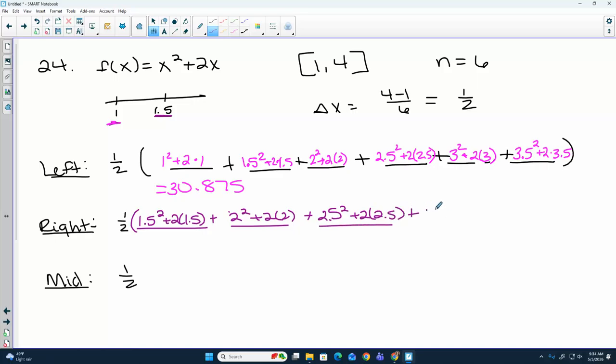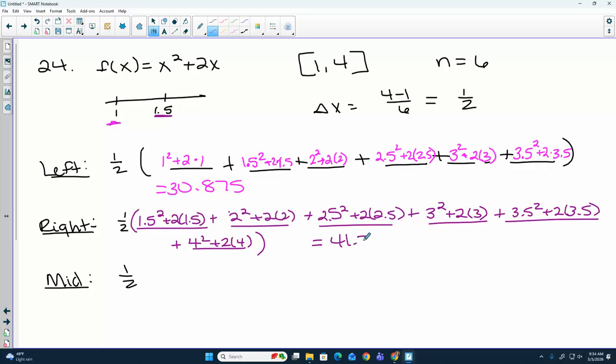Three. 3.5. Last one, because I need 6 total, we would have to plug in 4. Remember, the only difference between these is the first and last point. And then if you do that one, it turns out to be 41.375.